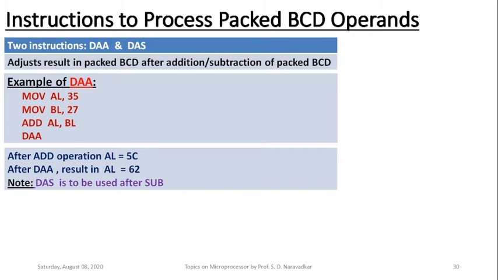Now let me tell you, if I perform the addition of 35 and 27 using a calculator, I am getting the result 62. So why is the adjustment using DAA required? In order to get that result in a packed BCD format, meaning decimal format, after addition of two decimal values or packed BCD values.